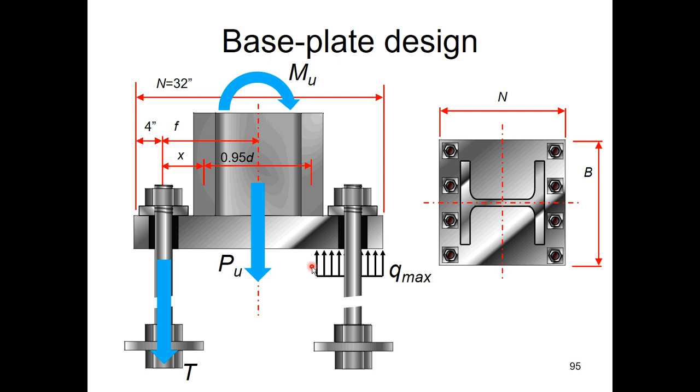When we have equilibrium here, we have some tension in this anchor rod, and we have some compression over a length here on the grout underneath the base plate. The depth of that compression block is given by this symbol Y.